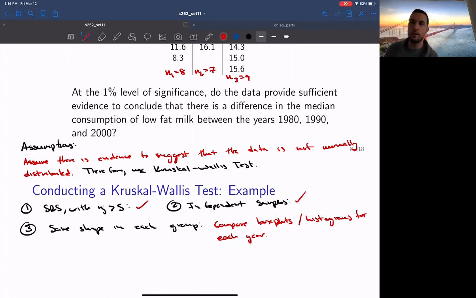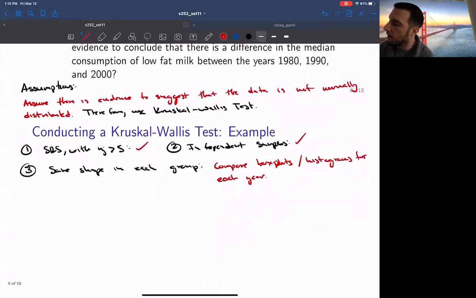Right. So we're not totally sure if the shapes are the same, but I would assume, given the variable that we're measuring in the different years, that these shapes should be pretty similar. But again, we would have to check this to be sure using some kind of visual assessment. So histogram and the box plot would be the natural visual assessments that we could utilize.